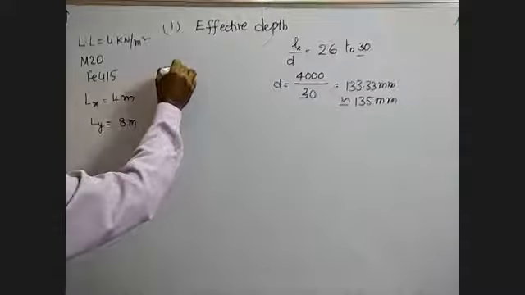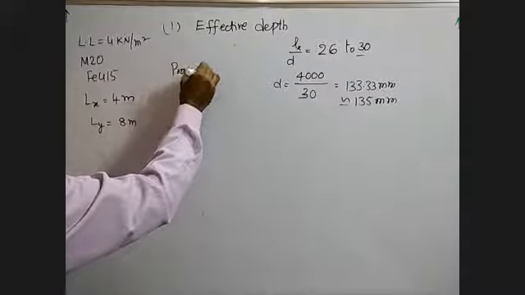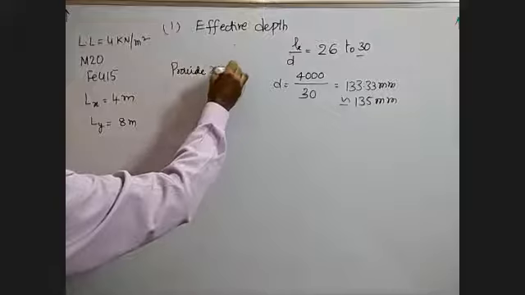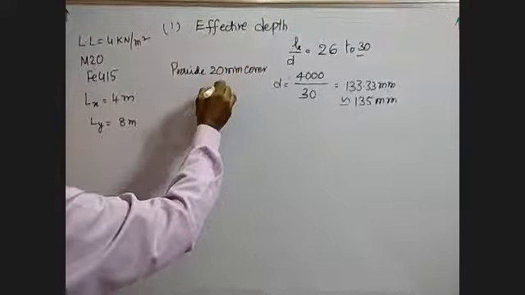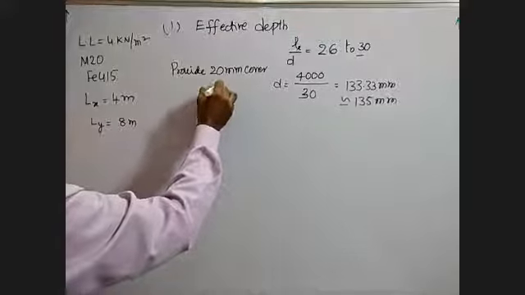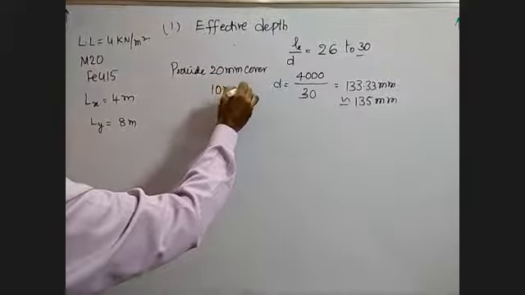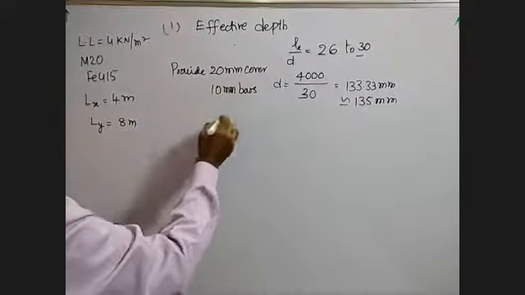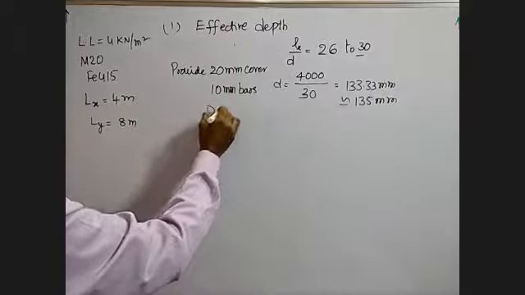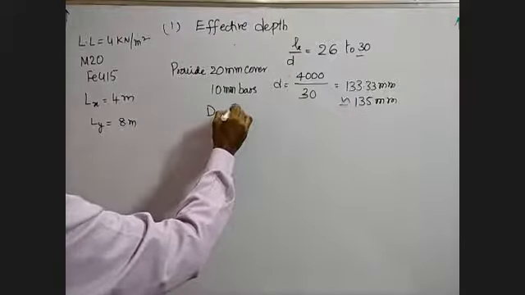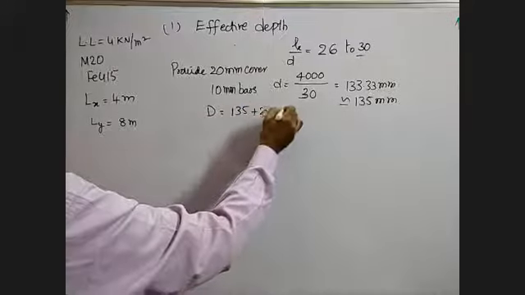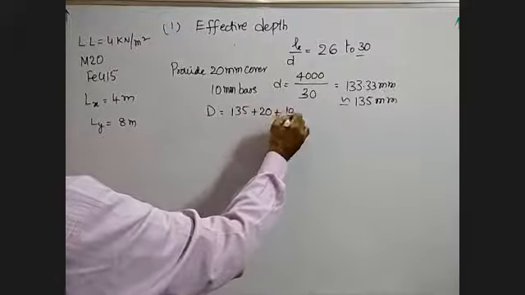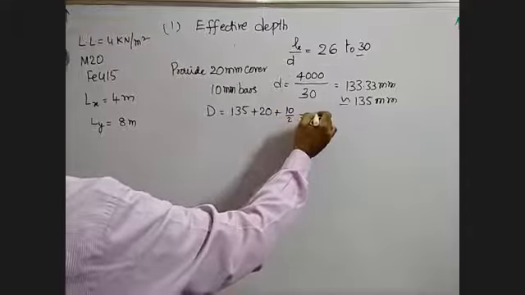Now provide 20 mm cover and 10 mm bars. So capital D is equal to 135 plus 20 plus bar dia by 2, 10 by 2. So you'll get 160 mm.